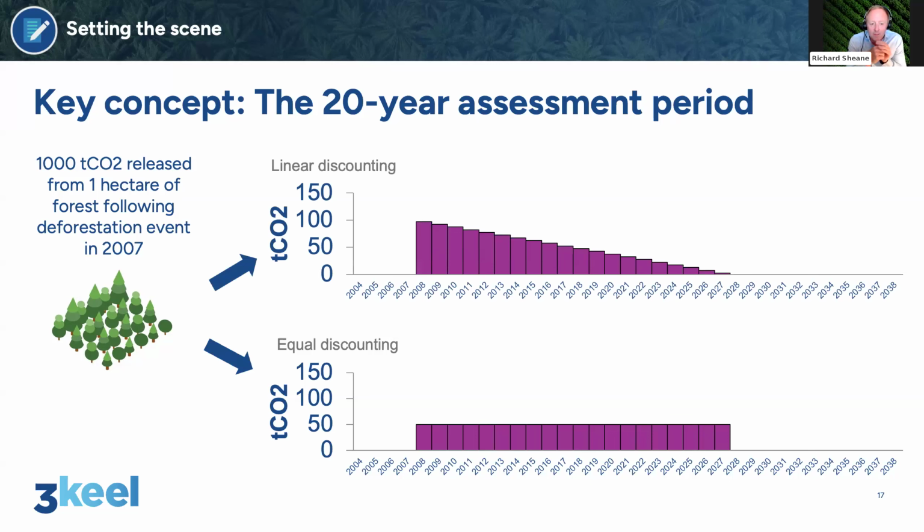This is where crops that are temporally proximate to the conversion event get more, and as you move away from the conversion event, crops get allocated less. And it's the linear discounting approach which is required within SBTi FLAG and the GHG Protocol land sector and removals guidance.